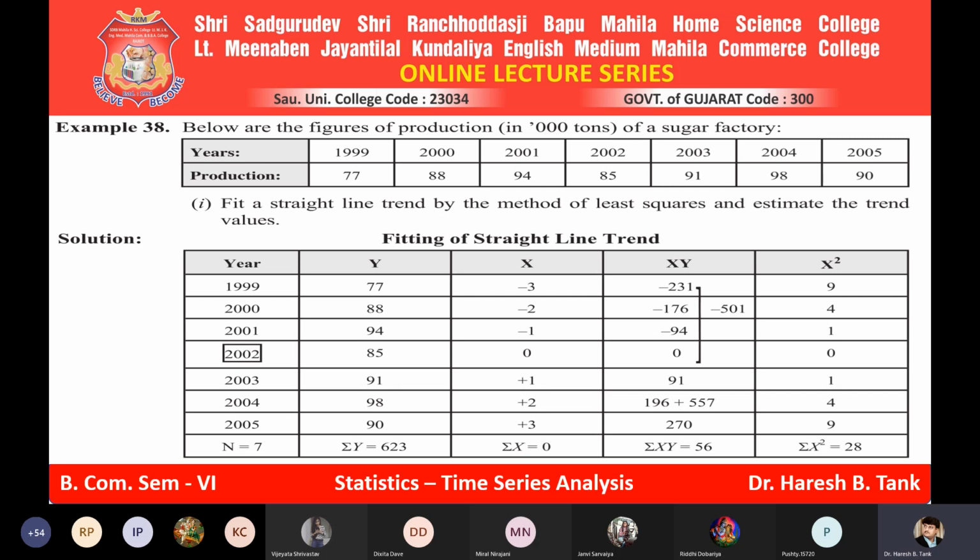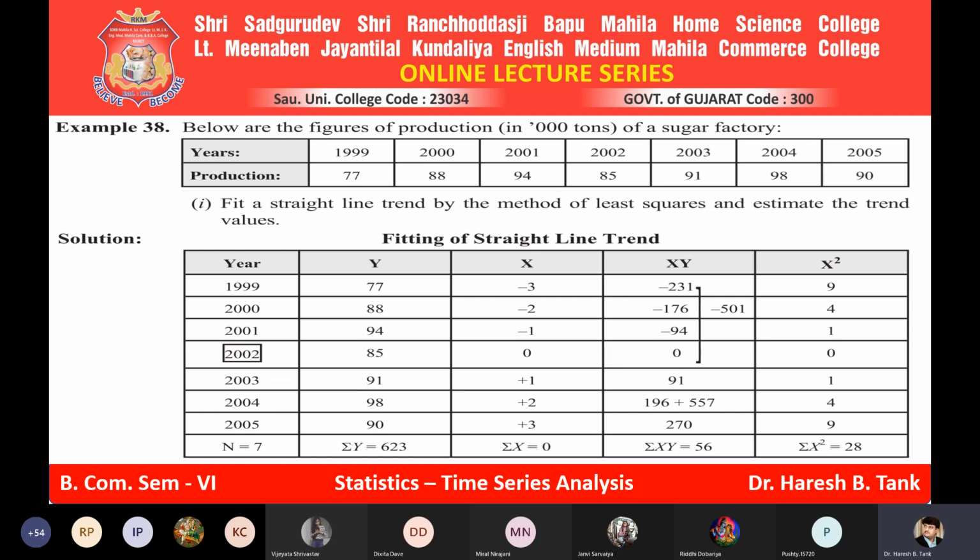Below are the figures of production in 1000 tons of a sugar factory. Fit a straight line trend by the method of least squares and estimate the trend values. The data set given is from 1999 to 2005, total number of years.